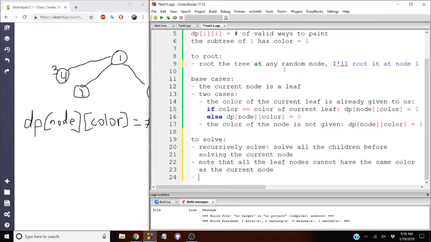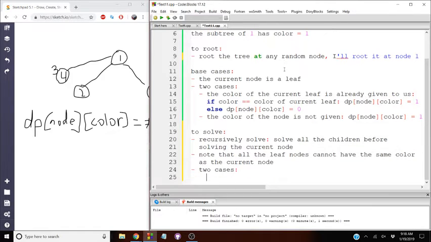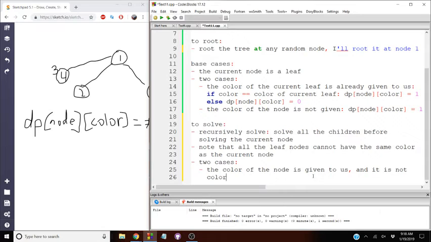So again, here we have two cases. The first case is the color of the current node is given to us and it is not this color.